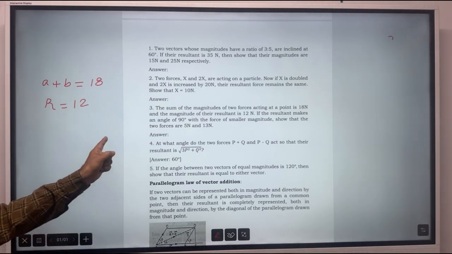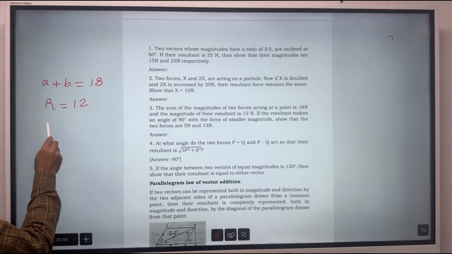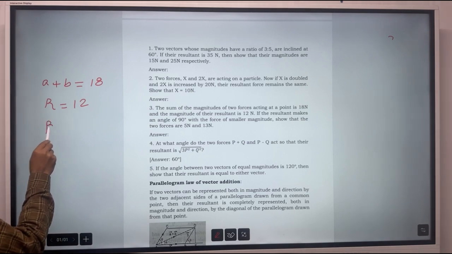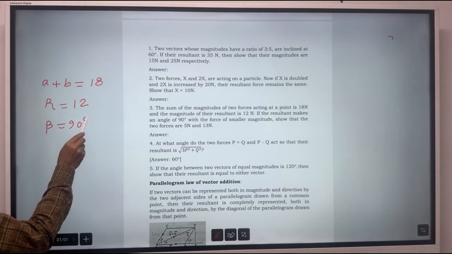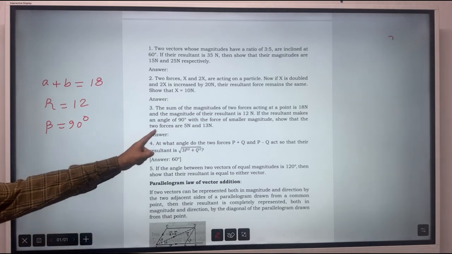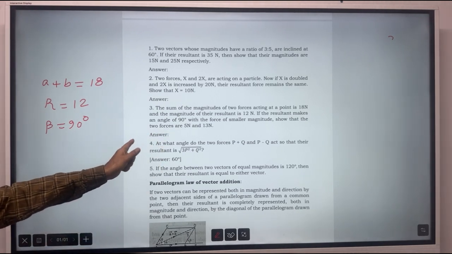Now, if the resultant makes an angle of 90 degree, so here beta is given as 90 degree, with the force of smaller magnitude, find the two forces.